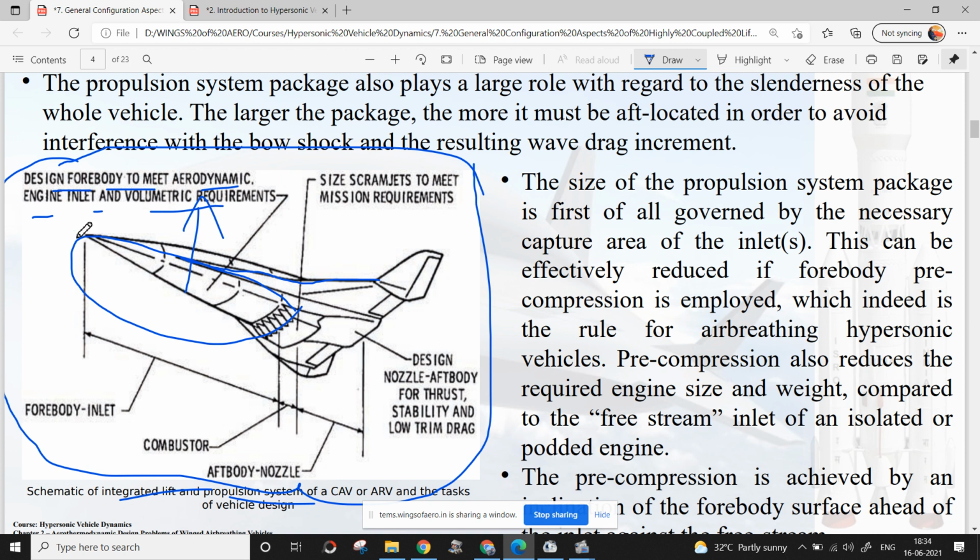The forebody means from the nose to the engine inlet. So from the nose to the engine inlet, it will be called the forebody section.